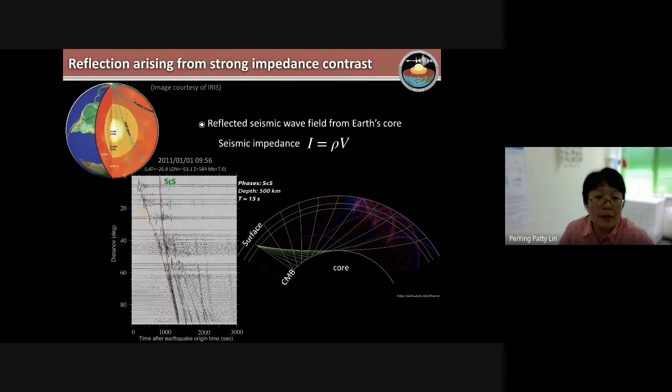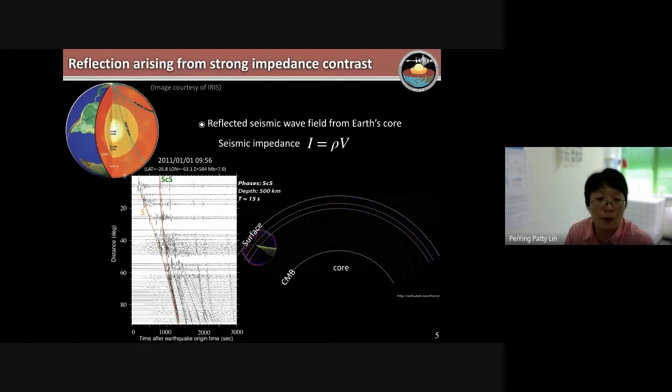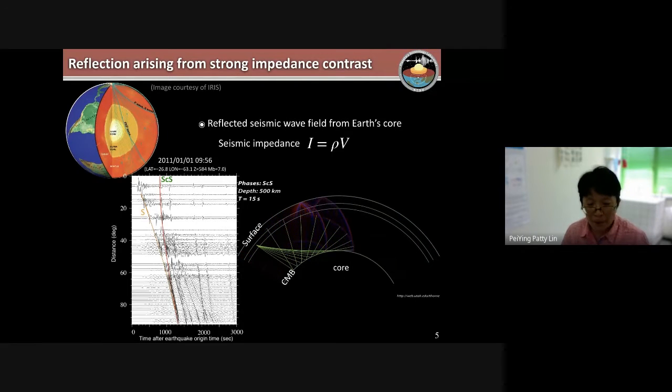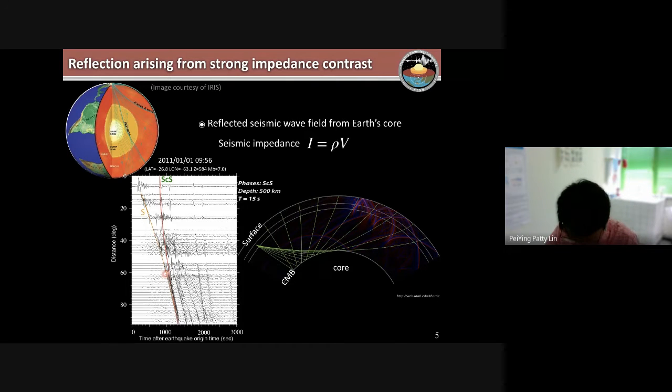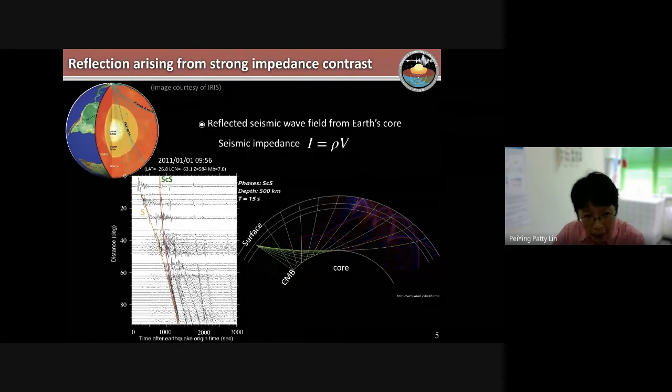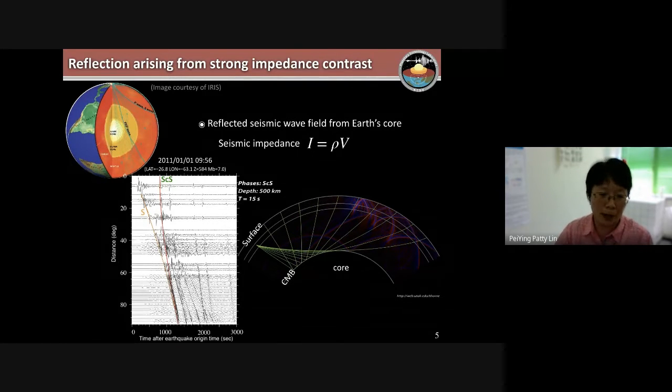And actually, it can be seen in the data pretty well. So this is real data, from an event that happened on January 1st, 2011. This is one of my lovely events. So you can see here, this is S and this is ScS. You can see this ScS phase clearly in the seismic record.